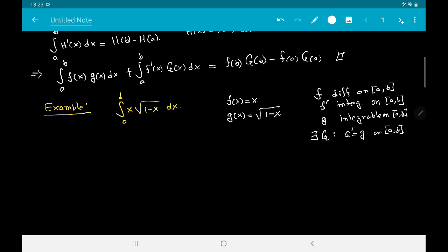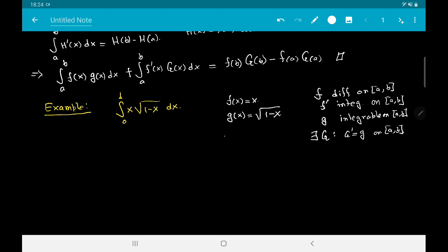I leave it to you to check these details: f is differentiable clearly, f prime is integrable, f prime is after all a constant function, g is integrable. This will be a good exercise for you to check.